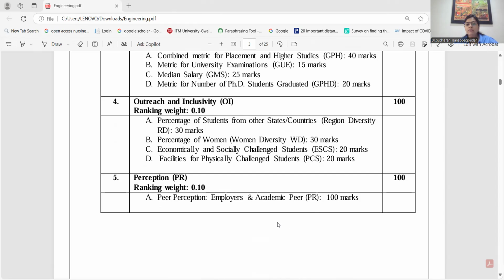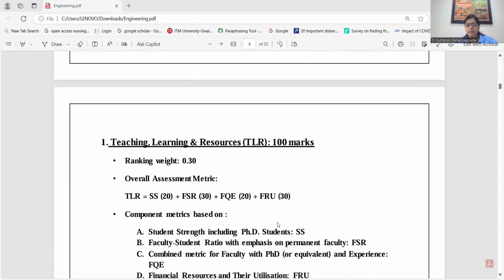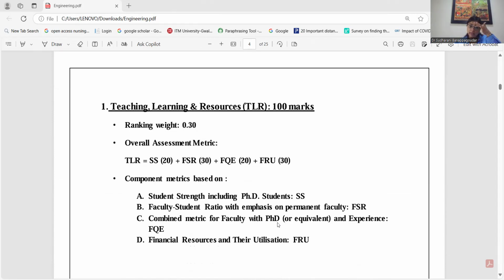So in today's video, we will look at these parameters one by one. If we begin with the teaching, learning resources parameter, which carries 100 marks, the rank weightage given for this is 0.30, which includes all the 4 sub-parameters.